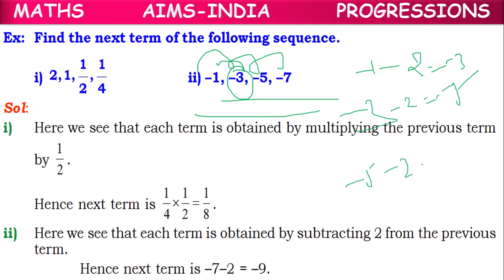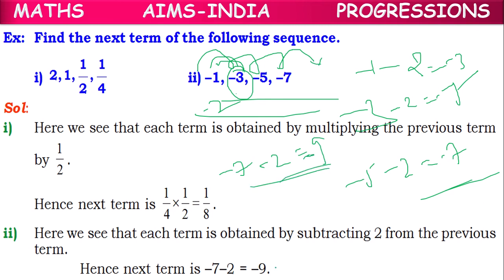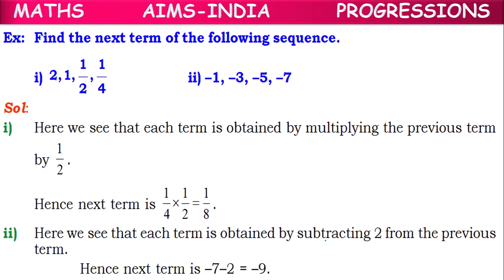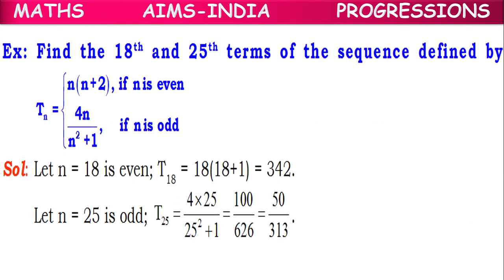From minus 5, we subtract 2, it becomes minus 7. So each term is obtained by subtracting 2 from the previous one. So the term after minus 7 is minus 7 minus 2, which is equal to minus 9. The next term is minus 9. Like this, we can find next terms in sequences.